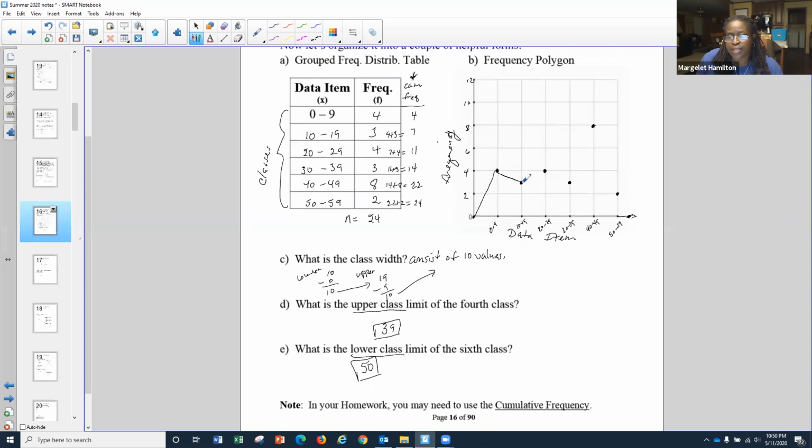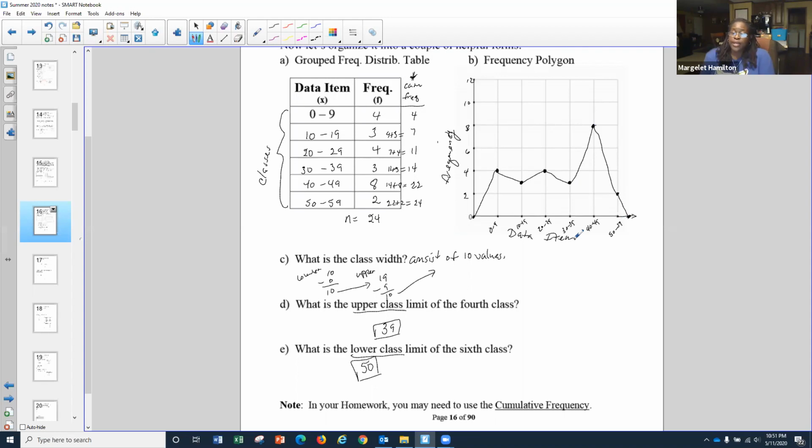Here comes that connect the dot book that we were doing when we were kids, right? Comes in handy now. Okay. And then I'm just going to anchor it someplace on our graph. So it looks something like that. So there's our frequency polygon.